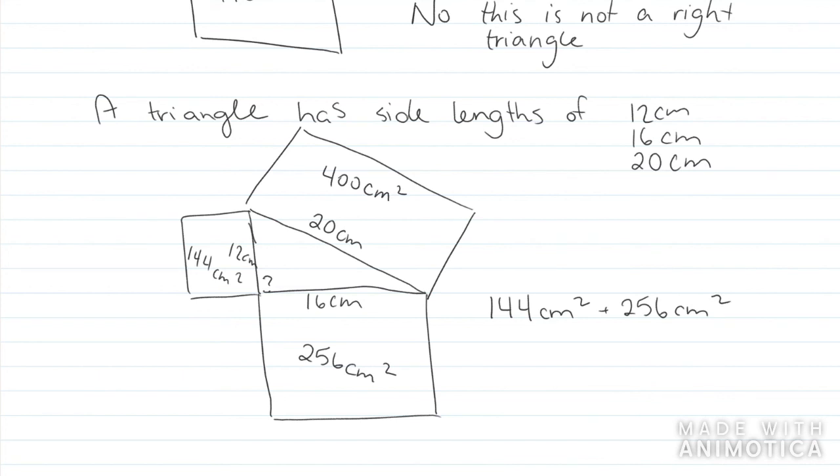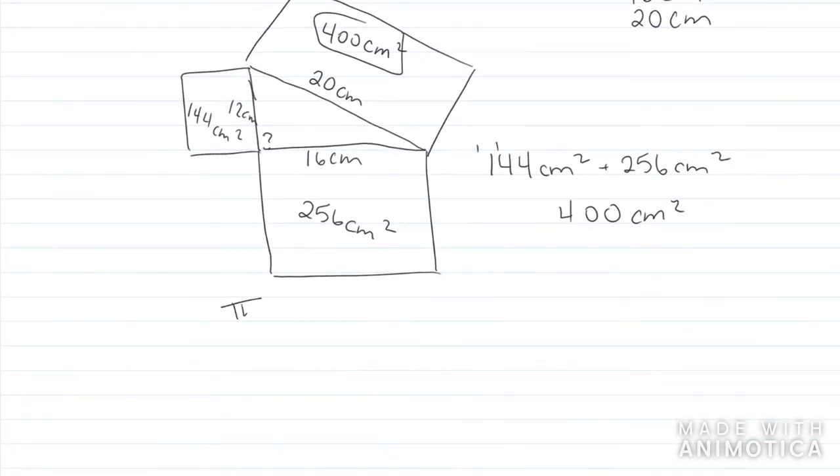If I add those two together, 4 plus 6 gives me 0. 1 plus 4 is 5, plus 5, 0. 1 plus 1 is 2, plus 2. Ooh, 400 centimeters squared. So this one is a right triangle.